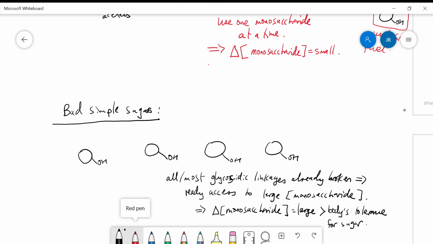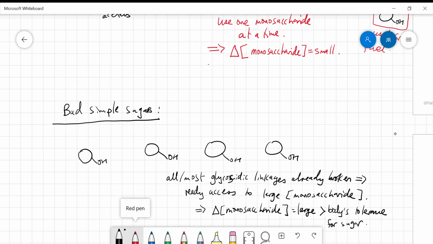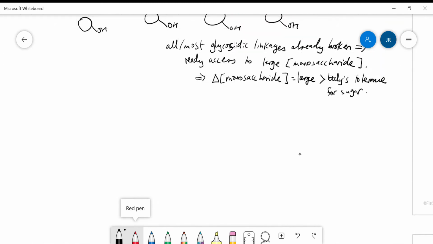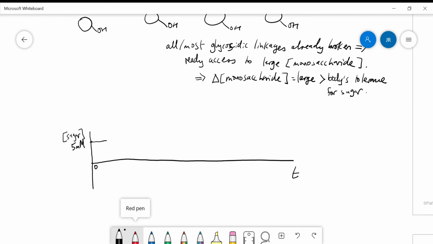Well, let's say this is time, and let's say this is the concentration of sugar, and let's say your brain needs 5 millimolar to stop you from dying.